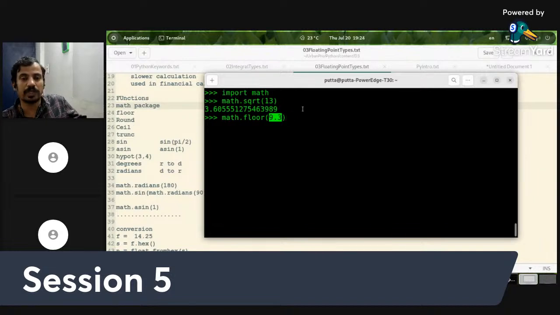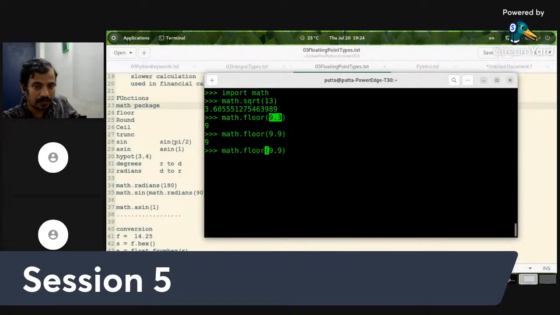So floor gives the lowest integer, or in other words, if you want to apply a round down function, you can use the floor operator. math.floor gives you 9. Even if I give 9.9, the result will be 9 itself. Always it will round it down.